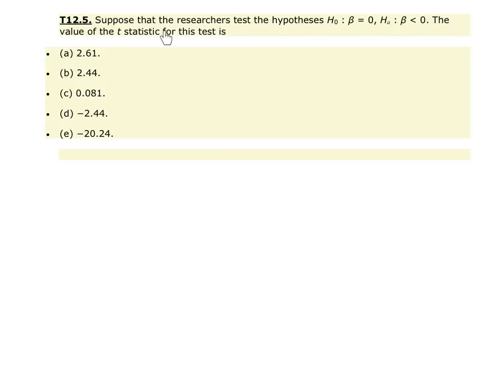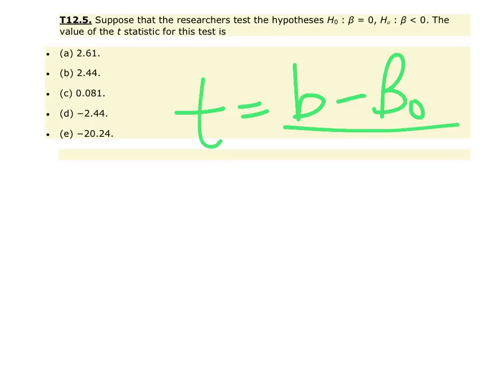Number 5, suppose that the researchers test the hypothesis, H sub 0, that beta is equal to 0, H sub A, beta is less than 0, that is the slope. The value of the t-statistic for this test would be what? Well, for the t-statistic, the formula is the value of the actual slope minus the hypothesized slope, over the standard error of the slope.